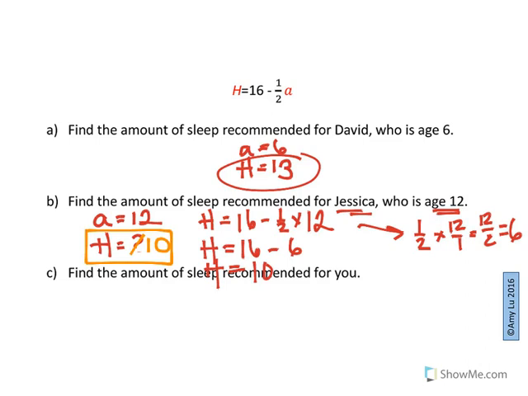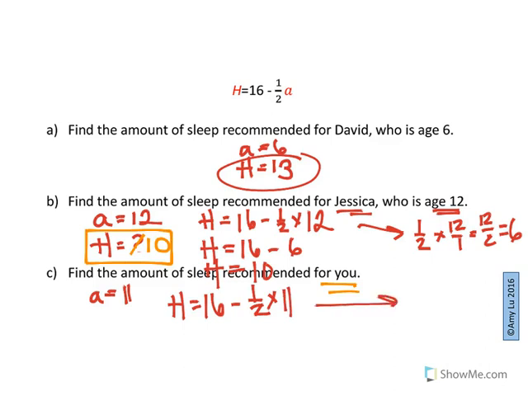Now, find out the amount of sleep recommended for you. So depending on your age, you'd have to put that number in. So let's pretend that you are 11 years old. Maybe you're 11, you could be 13, you could be 14. Let's play with 11. If you're 11, then basically we would go 16 minus 1/2 times 11.